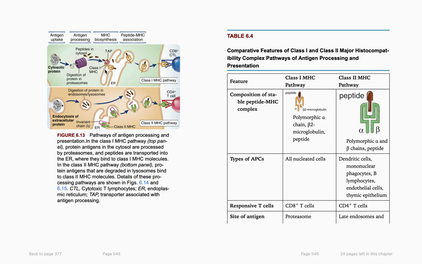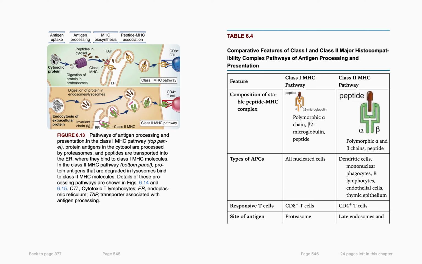They pass through the TAP and attach to MHC class 1. Then after attaching, they move from the endoplasmic reticulum, ready to be presented outside, and the CD8 T cell will see the peptide which has been bound.